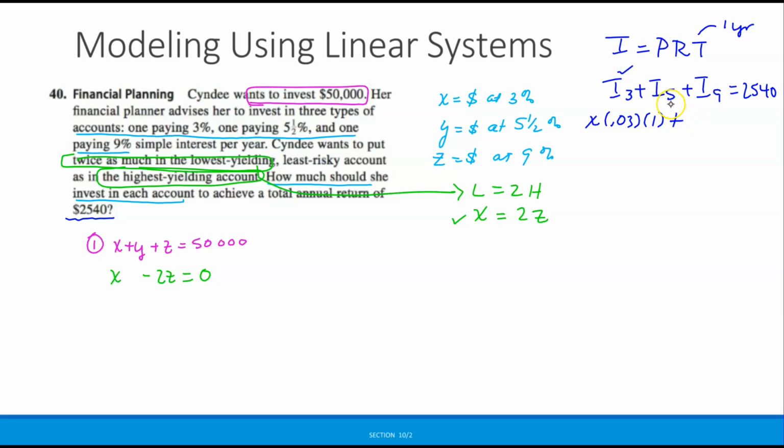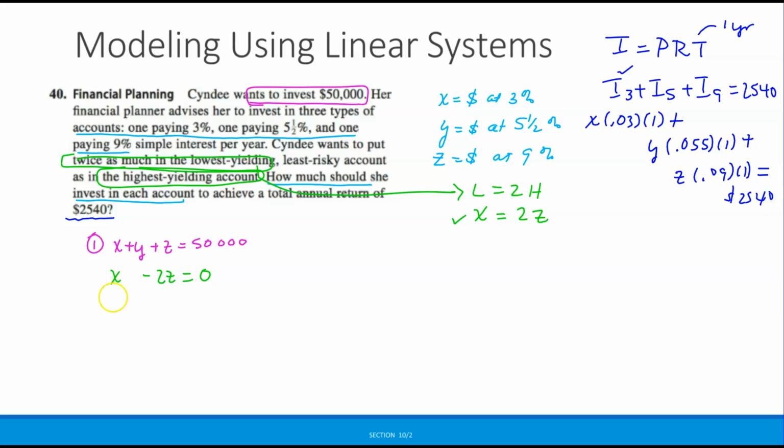Then 5.5%: principal Y times interest rate turned into a decimal, times time, which is 1 year, and then we're going to have one more. Principal Z, interest rate 0.09, annual 1 year, and that's what's going to equal the $25.40. And there's our third equation.